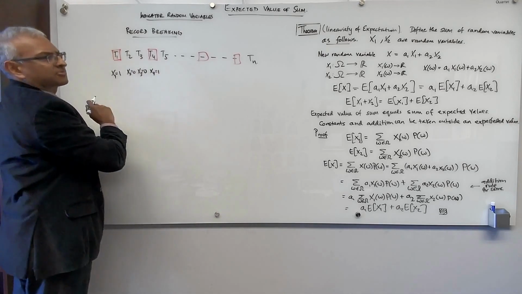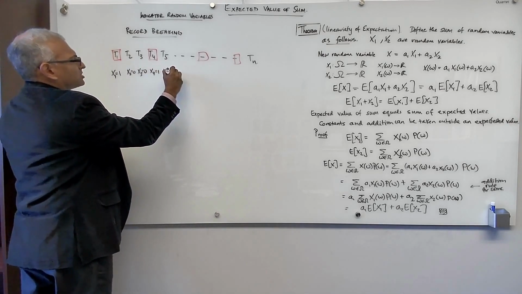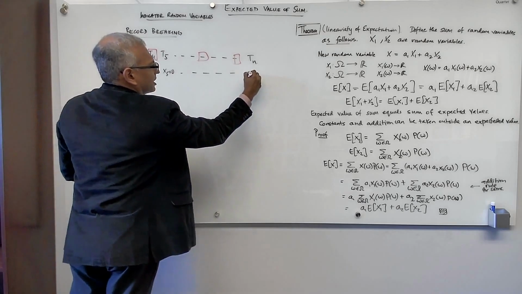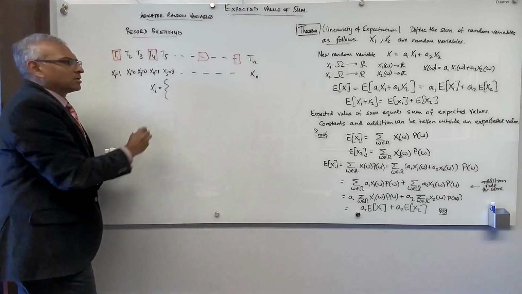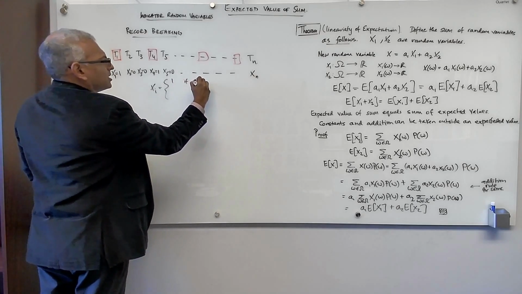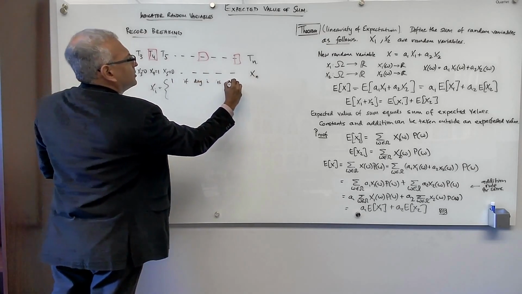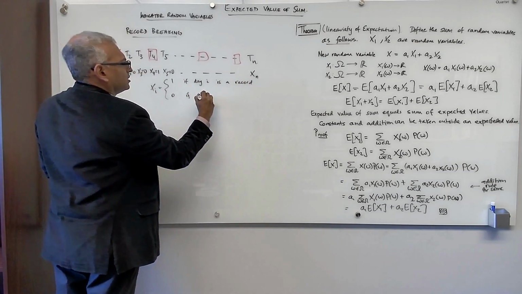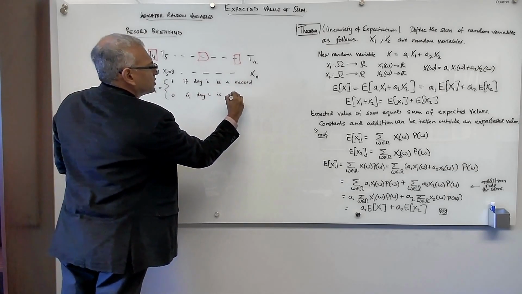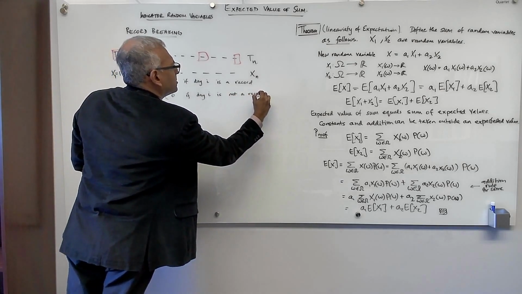X4 equals 1, yes, record. X5 equals 0, not a record, and so on up to Xn. So Xi indicates 1 if day i is a record, and 0 if day i is not a record.